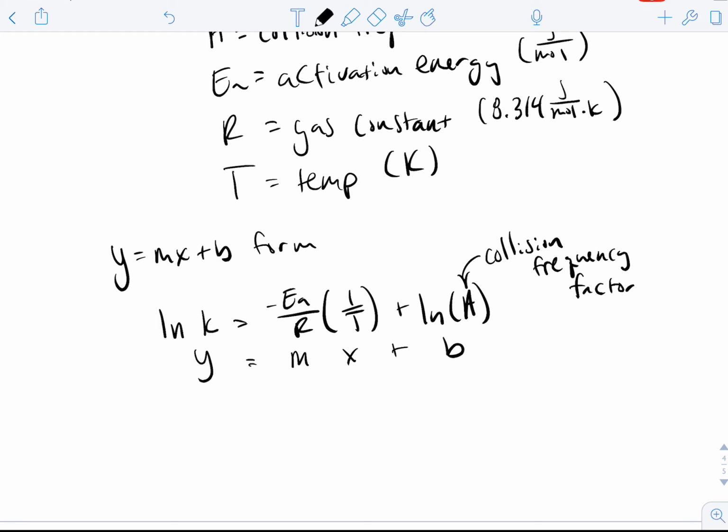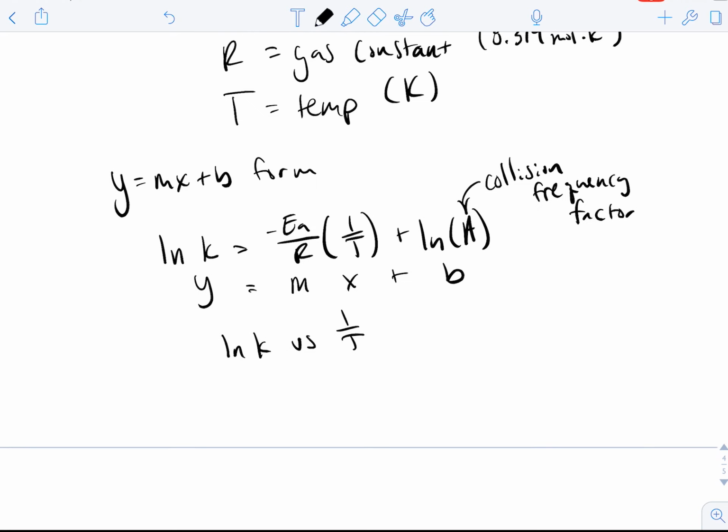So if we plot ln of k versus 1 over T, we get a linear relationship and we can solve for our activation energy.